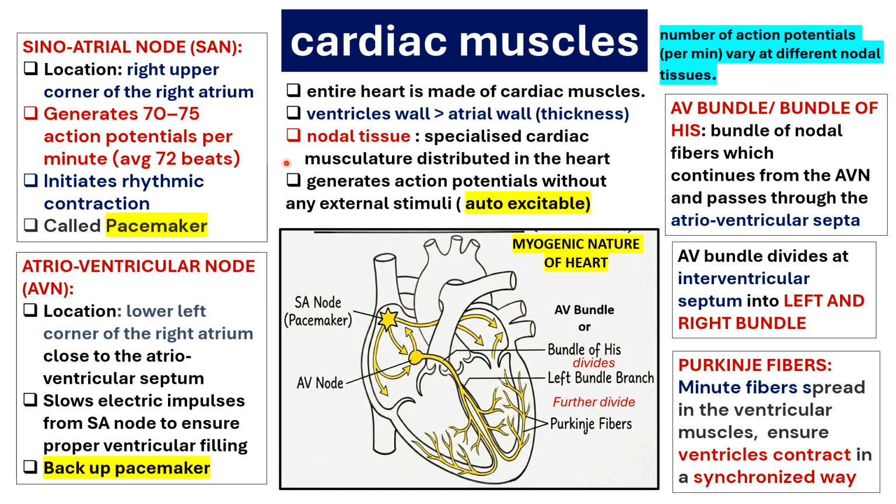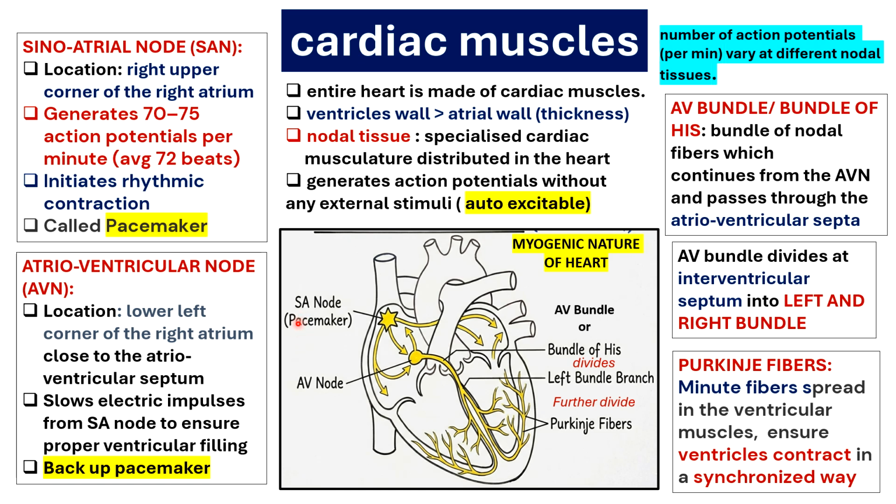Is that clear? The second type of the nodal tissue is the atrioventricular node or the AV node. It is located in the lower left corner of the right atrium and close to the atrioventricular septum. And what is its function?